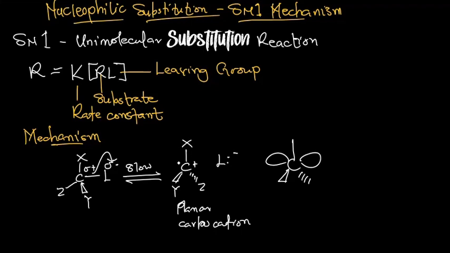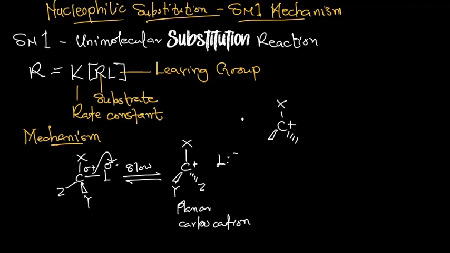Okay, now once we have the carbocation being formed, what happens next is that we are going to have the nucleophile coming in to attack the carbocation. So again, we have the carbocation C bonded to X, and then we have Y, and the positive charge here.